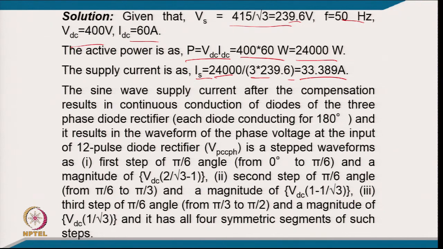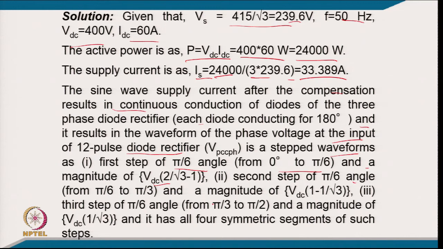The sine wave supply current after compensation results in continuous conduction of the diodes of the 3-phase diode rectifier, each diode conducting for 180 degree, and it results in a waveform of the phase voltage at the input of the 12 pulse diode rectifier. We see a stepped waveform: a first step of pi by 6 angle, from 0 to pi by 6, with a magnitude of VDC (2 by root 3 minus 1).